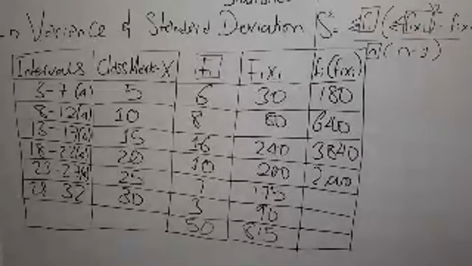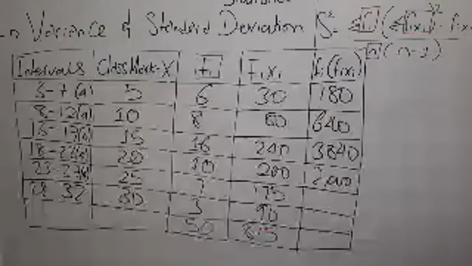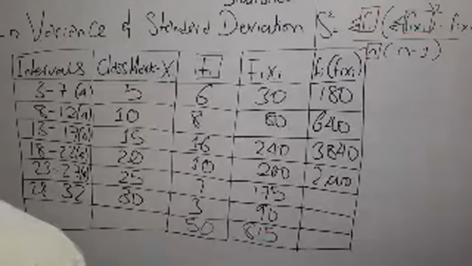7 multiplied by 175. Awesome. Okay. And we have the next one.